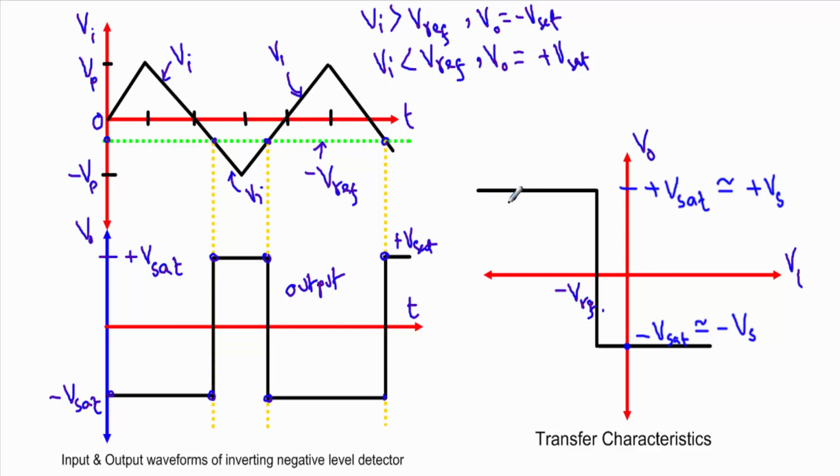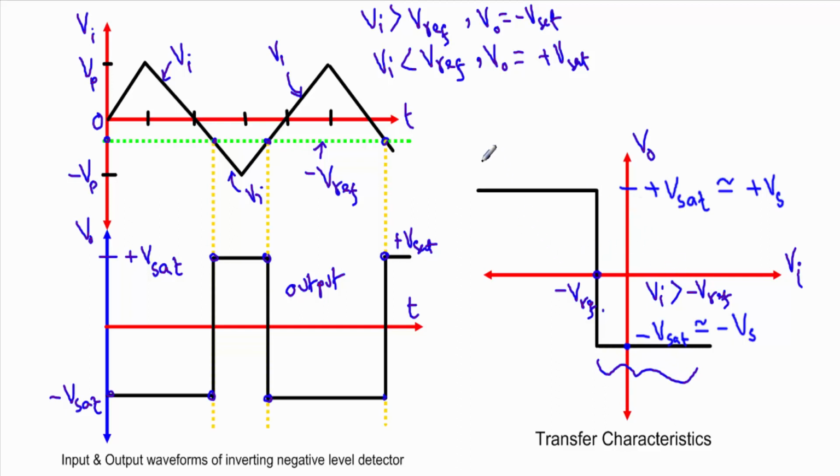Now let me show you the transfer characteristics of this inverting negative level detector circuit. See, this is the point where we take the reference. This is our input voltage axis Vi, and this is our output voltage axis Vo. For the points lying to the right of this point, our input voltage Vi is greater than our negative reference voltage. When input voltage is greater than the reference voltage, our operational amplifier will be in negative saturation.